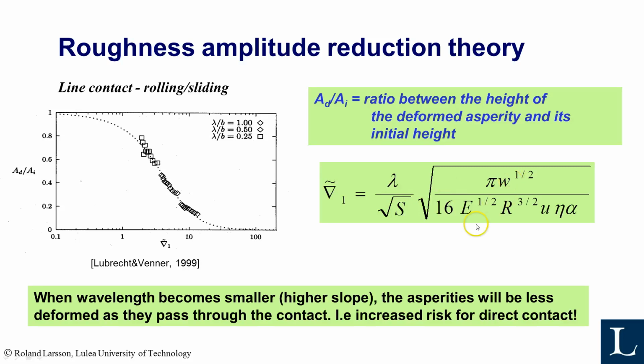Here you have the load, the Young's modulus, the radius, speed, viscosity, and alpha. So you can see how the different parameters influence this risk. But you can also see that if you have sufficiently long wavelengths, you will be up here, and your asperities are deformed.